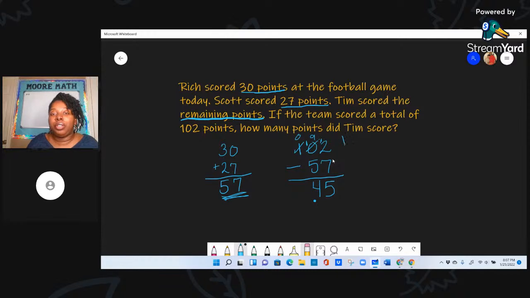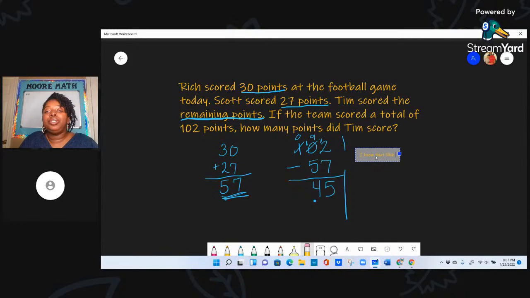Here's what I want you to start doing. I want you to start saying what you know first. So I want you to start saying, I know, and you can repeat what you see in the problem. I know that Rich scored, let me type this because my handwriting is atrocious. So first start off by saying what you know.